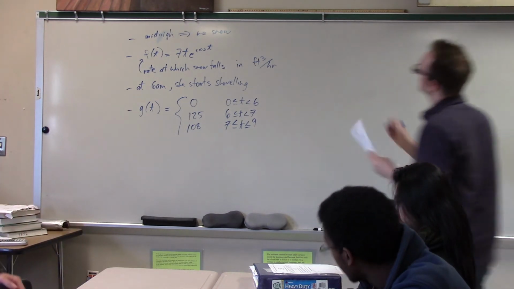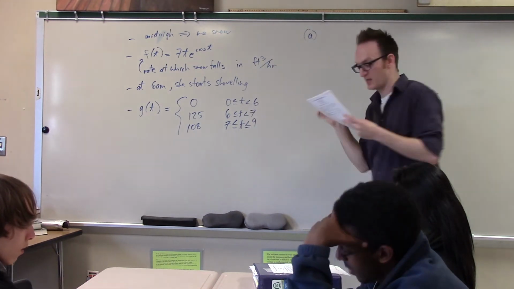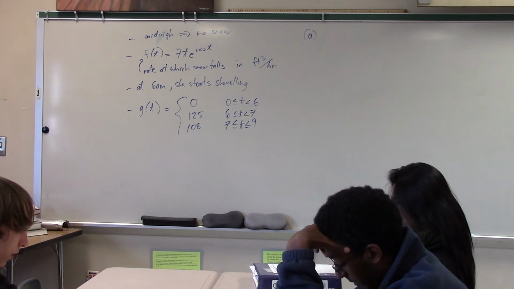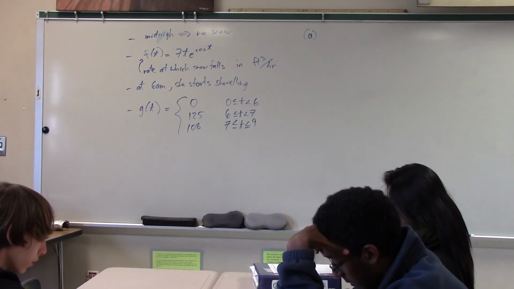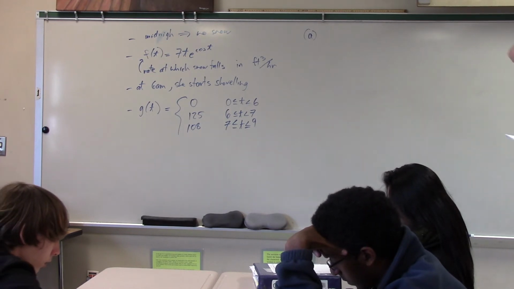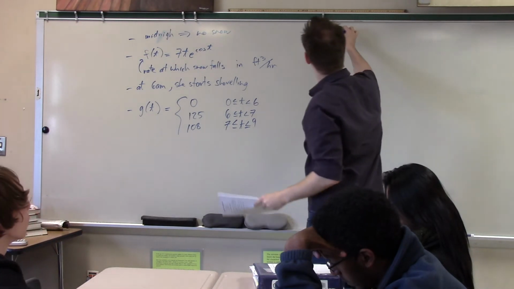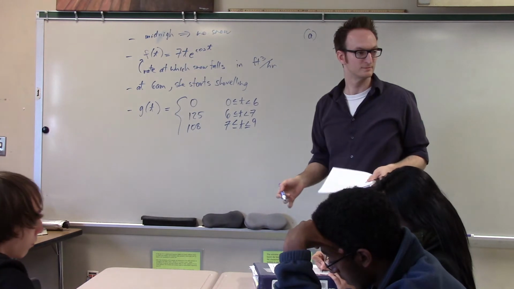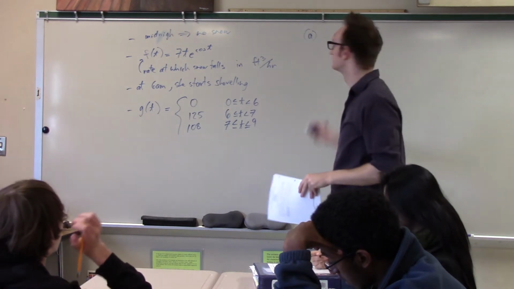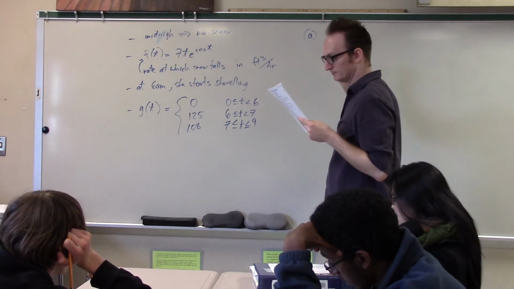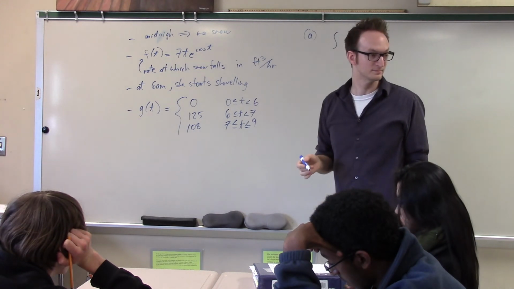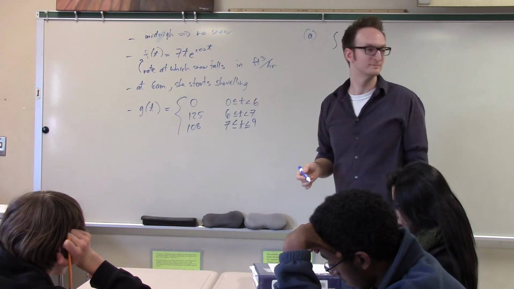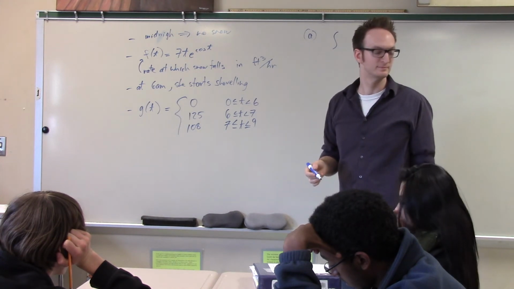Okay, now we get to answer some questions. Here's a question. How many cubic feet of snow have accumulated on the driveway by 6 a.m.? Colleen, what's the answer? From midnight to 9, so.